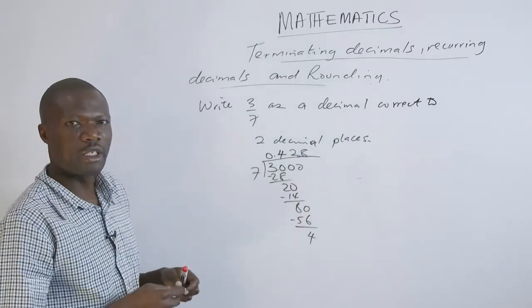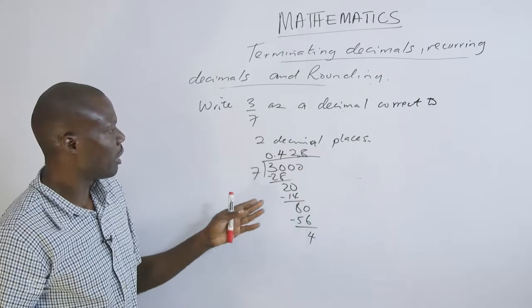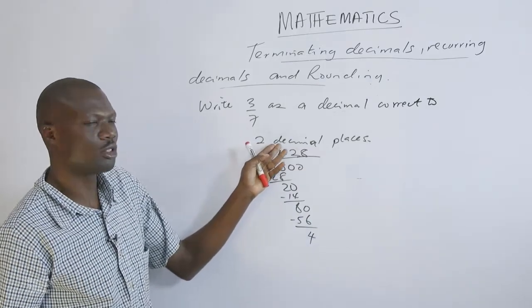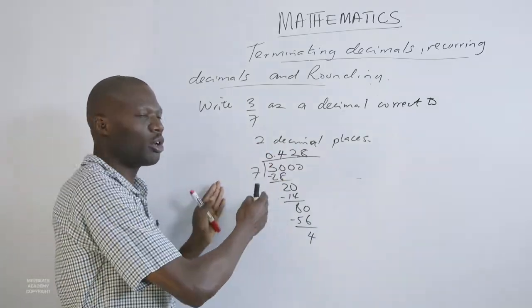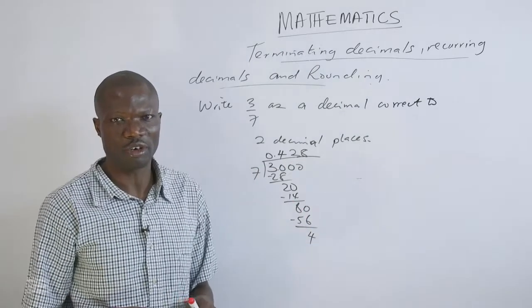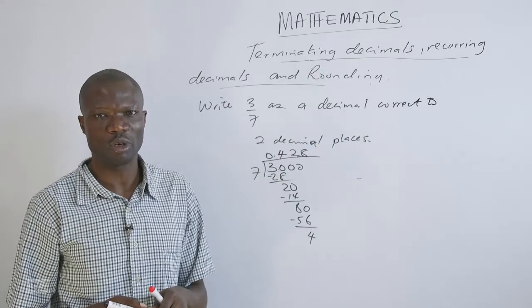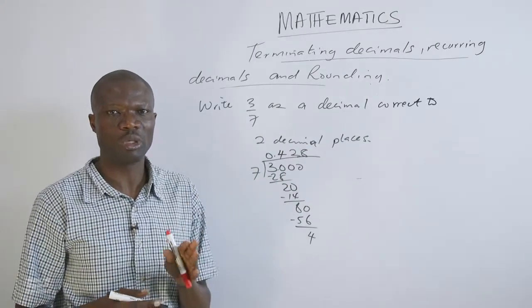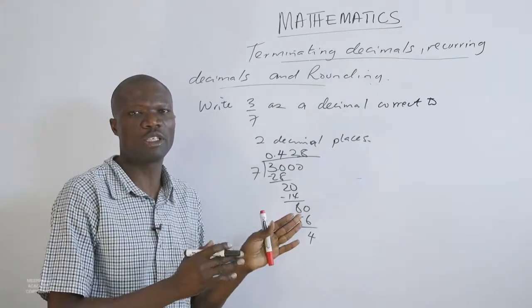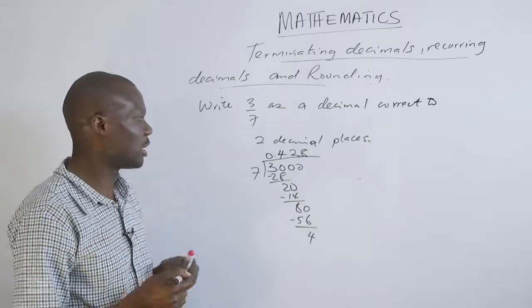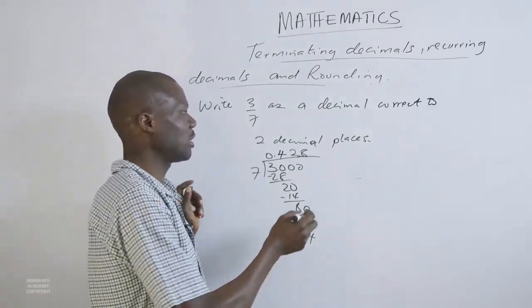Now you realize that at this point, our interest was correct to 2 decimal places. We do not need to go on and on and on. We have 2 decimal places and we have the 3rd decimal place, which means we are able to have our rounding digit and our critical digit. So let us get back to that and see.